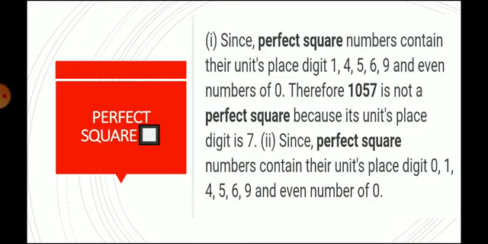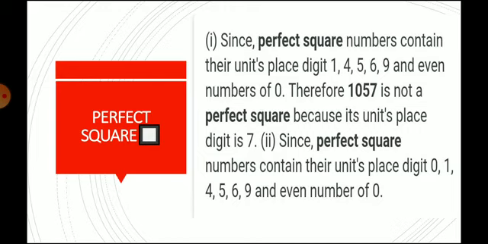So perfect square numbers contain their units place digit as 1, 4, 5, 6, 9 and even numbers of 0. Now I want to take one example. Is 1057 a perfect square or not? Can you guess?